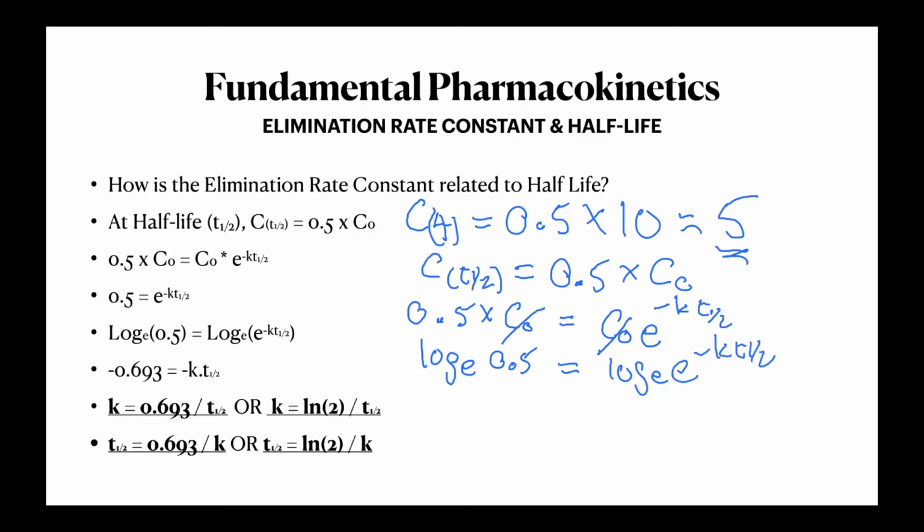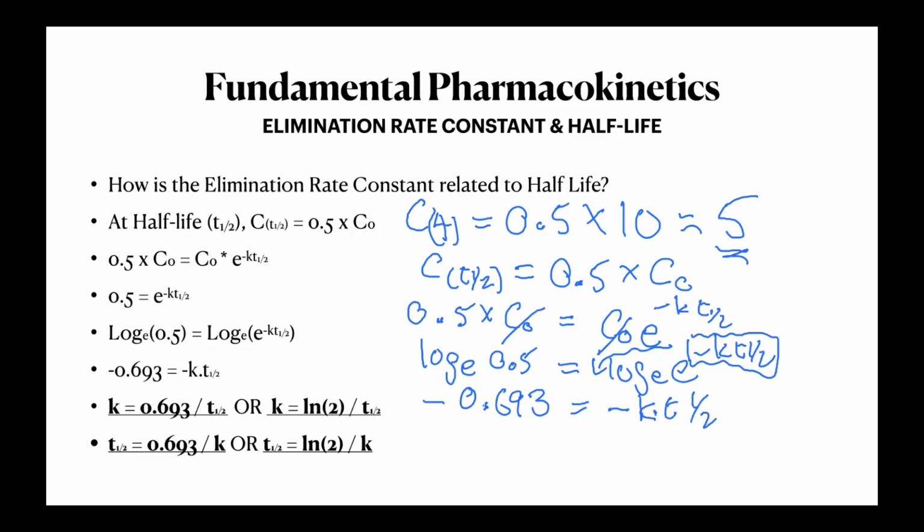And the natural log of 0.5 is minus 0.693. And the natural log of Euler's constant is going to be 1. Remember that when we take the log, the exponent comes down in front, so that becomes minus k t half.